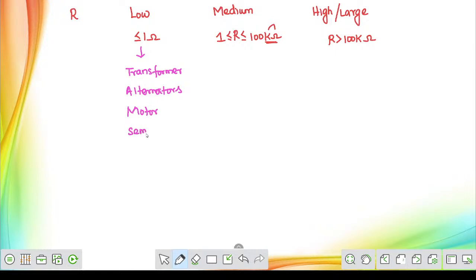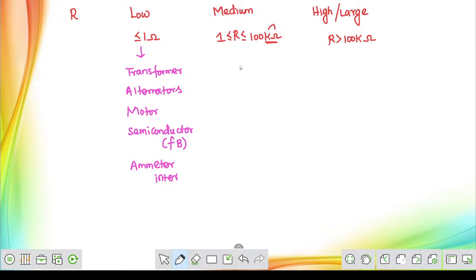Semiconductor devices we should consider only in forward bias, because in reverse bias the value of the resistance is very high. So semiconductor in forward bias is the best way of approaching it. And transformer windings, ammeter internal resistance, all this comes under low resistance.